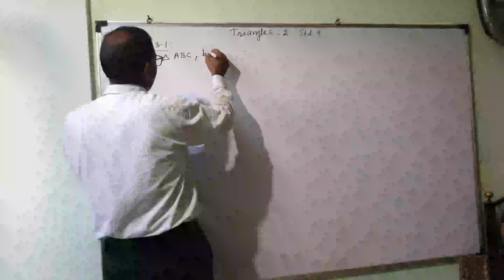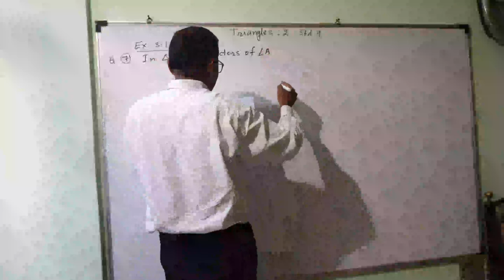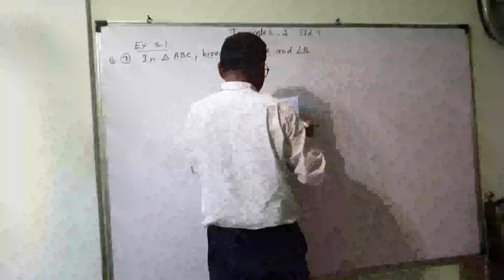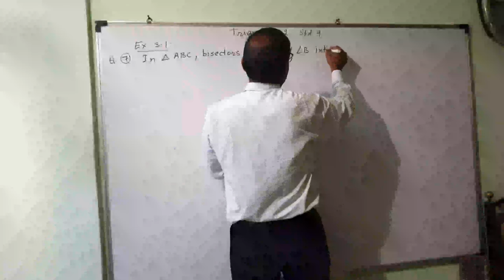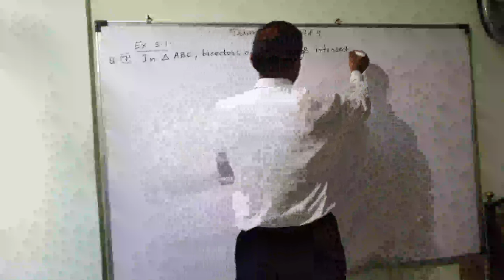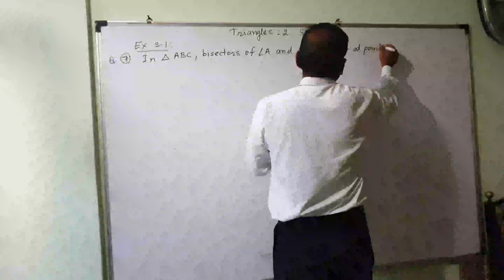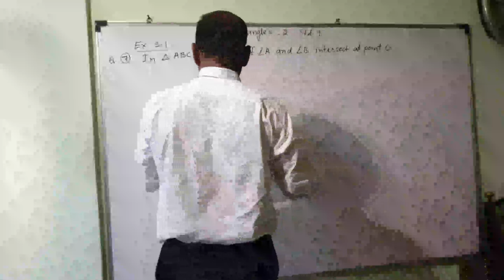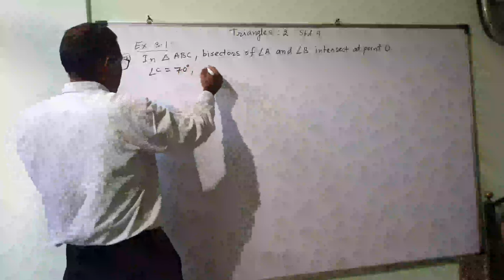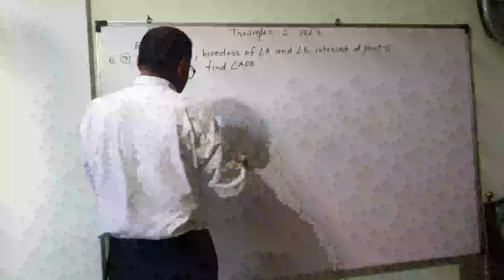In triangle ABC, bisectors of angle A and angle B intersect at point O. Angle C is equal to 70 degrees. Find angle AOB. This is that question.